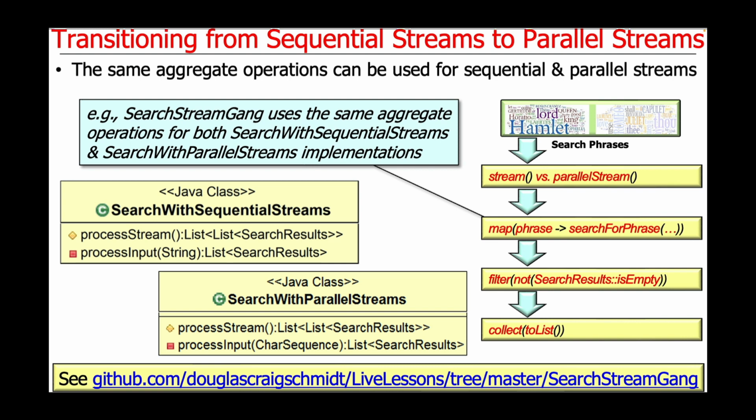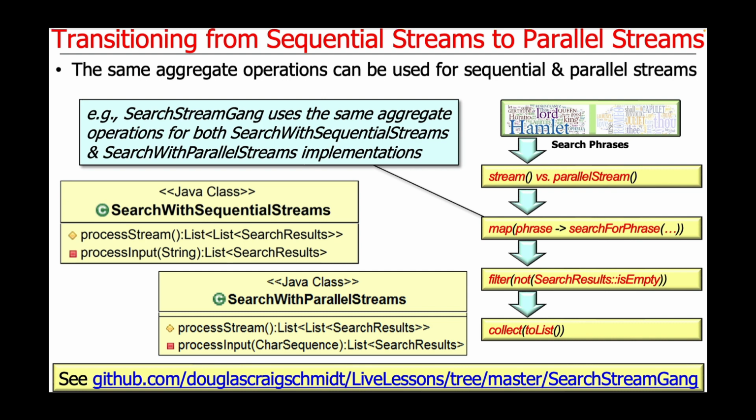If you take a look at the search with sequential streams and search with parallel implementations in the search stream gang example in my live lessons GitHub repository, you'll see that they're really identical except for one uses stream, the other uses parallel stream. If I really wanted to be obsessive compulsive about this, I could actually have factored the code out and had it decide at runtime whether to convert the sequential stream into a parallel stream.